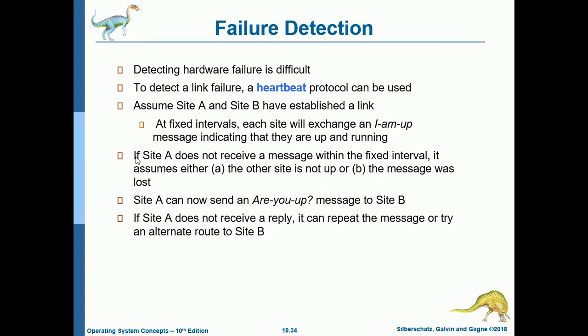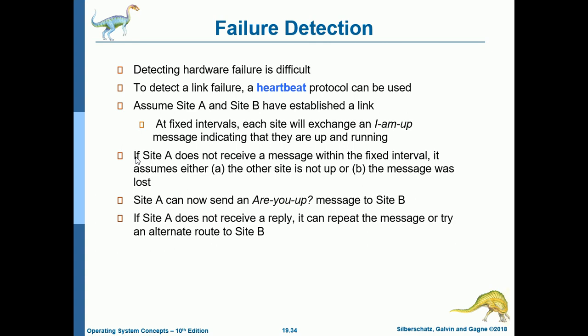For example, if there are two people. Next, if site A does not receive a message within the fixed interval, it assumes either site B is not up, or the message was lost, or site B is okay but there is a problem with the direct connection.